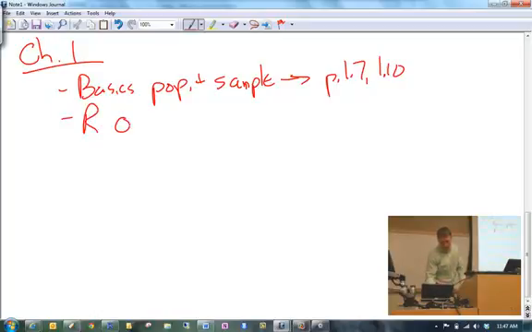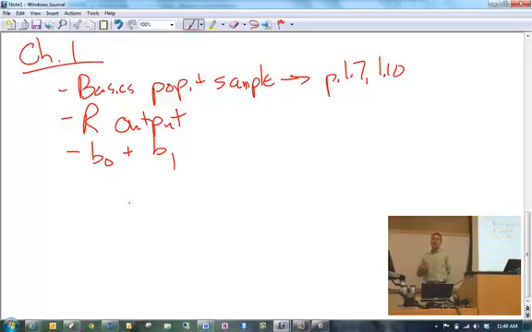Just to make sure this is clear, obviously you need to know certain particular locations on our output that you generate, particular locations to find the important things that you need. Obviously, you know what B0 and B1 are, how to calculate them, what they represent.